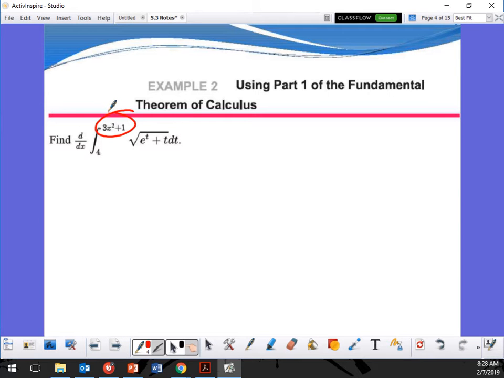So it's going to become the square root of, because these are x's, right? Yes, the derivative in terms of x of the function that is in terms of t. So this goes in here. So it's going to be e to the 3x squared plus 1, right? 3x squared plus 1, right? That's it. I guess.